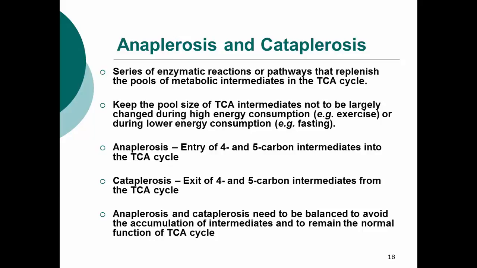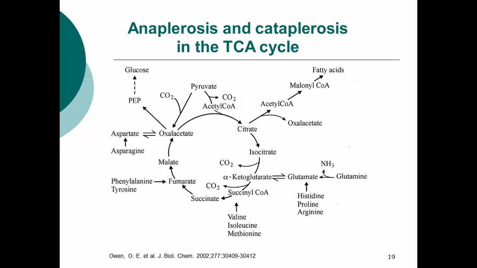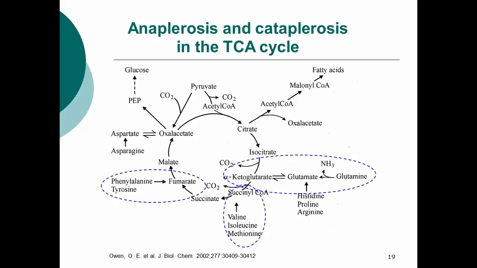So basically, anaplerosis and cataplerosis just try to replenish the TCA cycle intermediates and prevent the buildup or the depletion of intermediates, to keep the TCA cycle functional, right? So this is the main purpose of anaplerosis and cataplerosis.